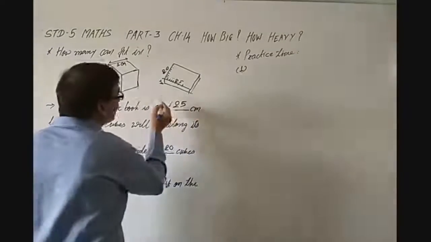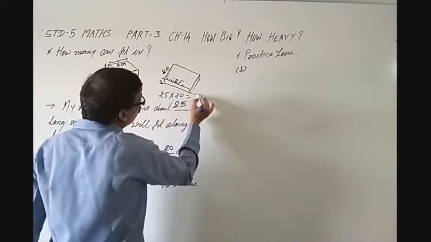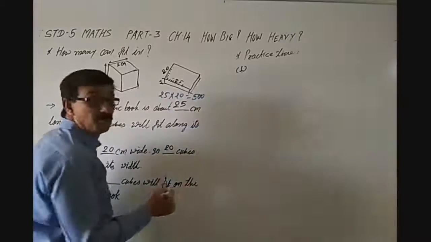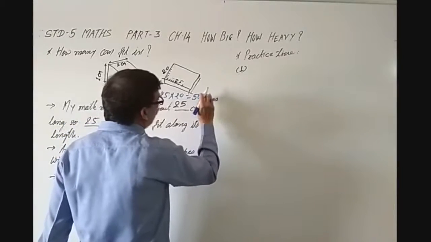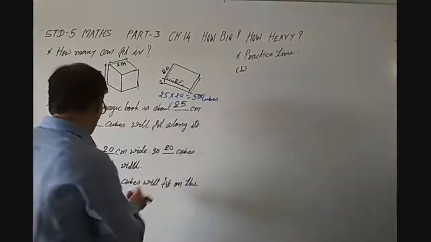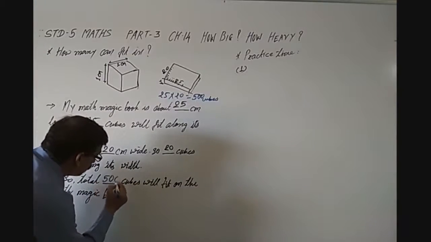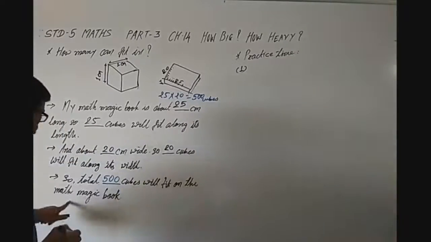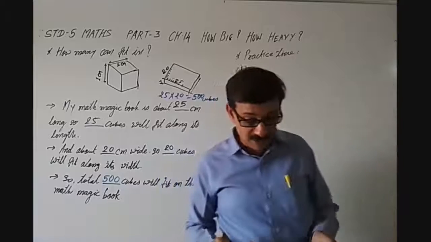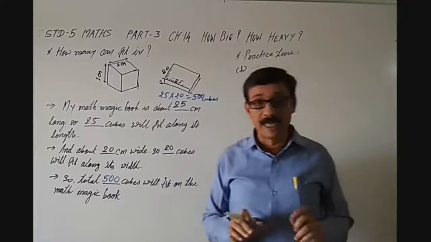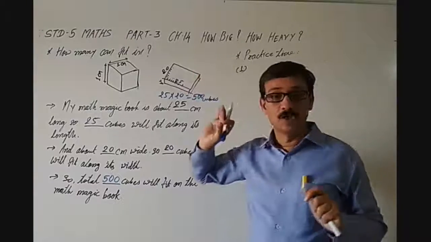So we can say 25 multiplied by 20 is equal to 500. 500 cubes. So a total of 500 cubes will fit on the math magic book. Okay. So we come to know that we can arrange a total of 500 cubes.